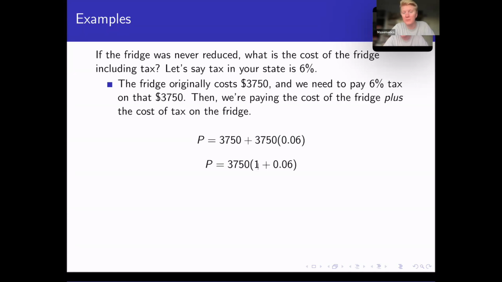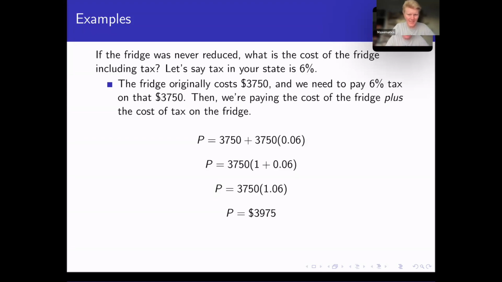Well, 1 plus 0.06 is 1.06, and 3750 times 1.06 is 3975. So, assuming the fridge was never reduced, the total cost of the fridge with tax would be $3,975, including tax. So an extra $225 in just tax.